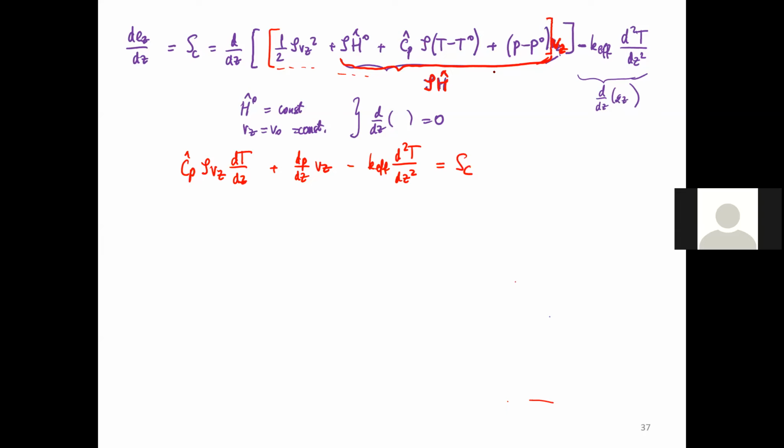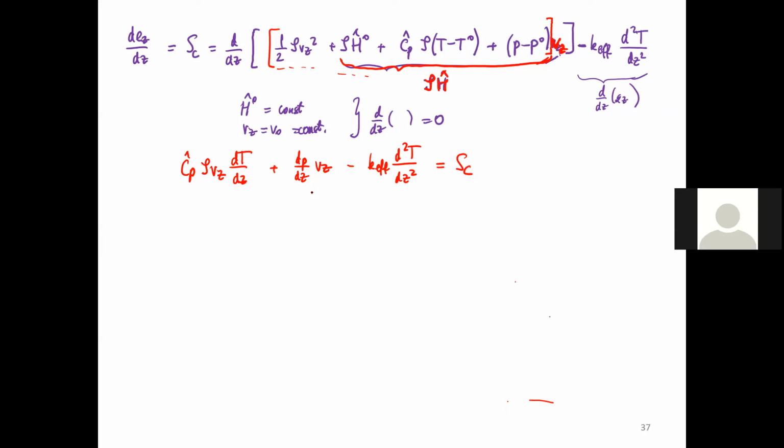So now we need a further simplification. If you notice, I have dT/dz here and I have dP/dz here. So technically I have two things coupled, and I would need to go and search for a pressure solution. Well, I'm going to do the following. We typically take pressure in these problems as constantly applied across the system.